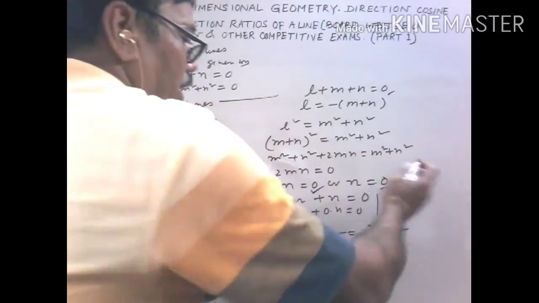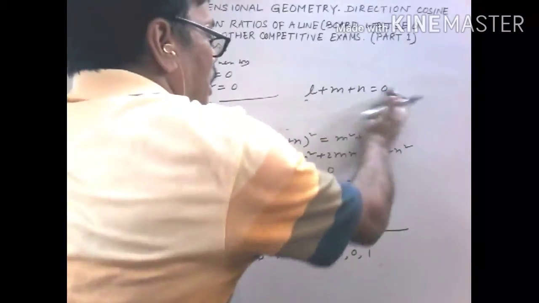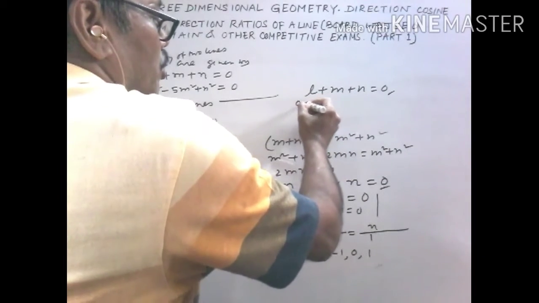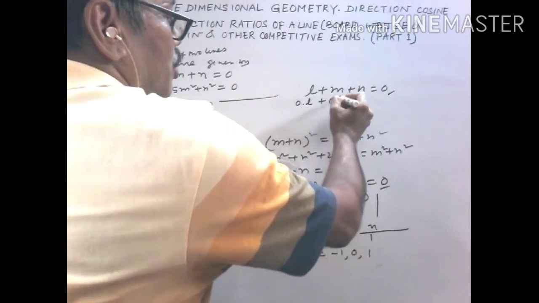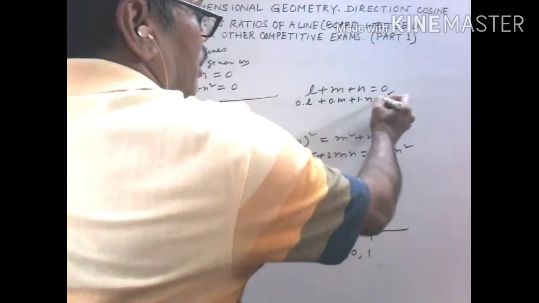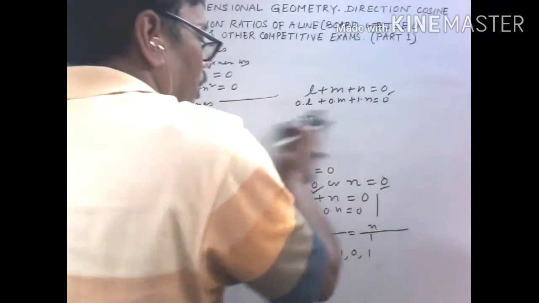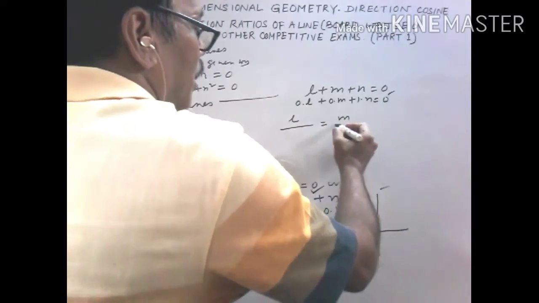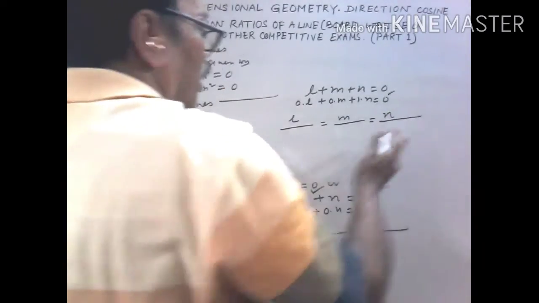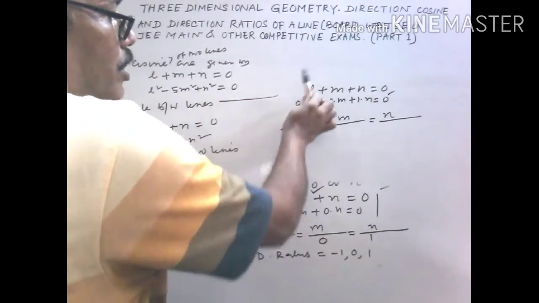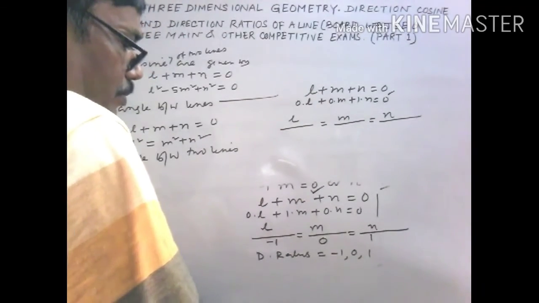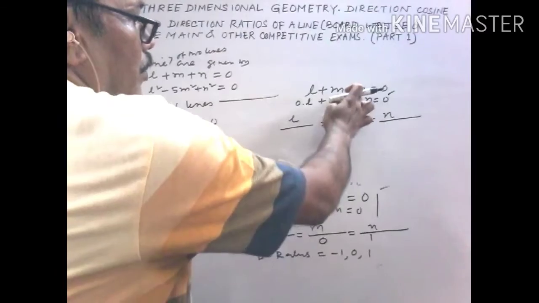Now consider the second one, n equals 0. l plus m equals 0, and the second one is n equals 0. So 0 into l, 0 into m, 1 into n equals 0. So again we find l by, m by, n by. So l, this one, so 1.